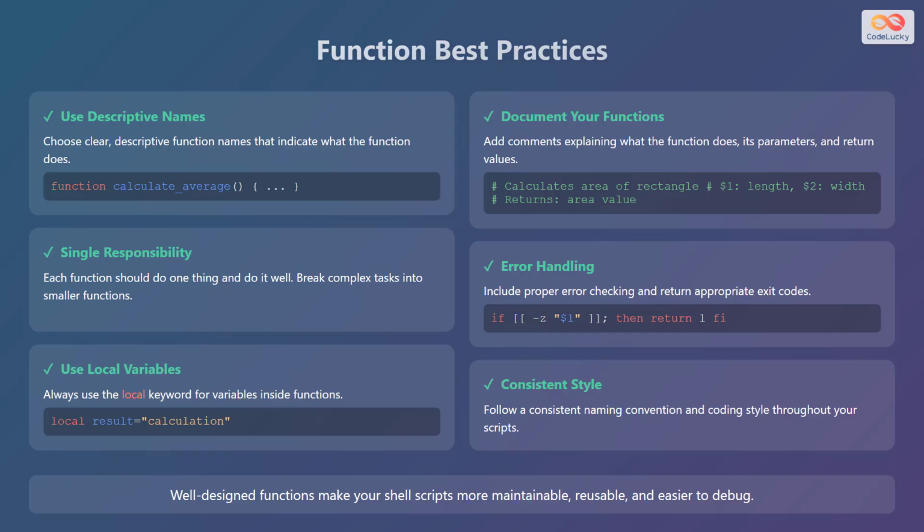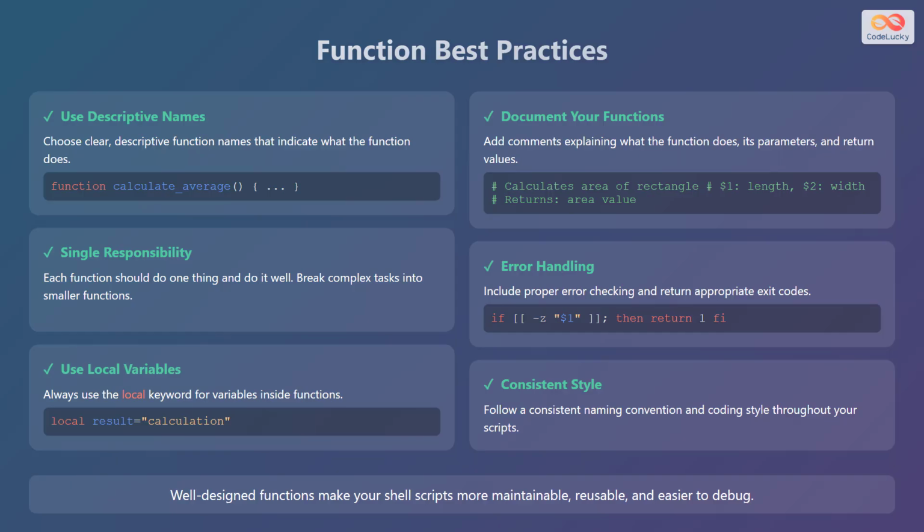Thirdly, use local variables. Always use the local keyword for variables defined inside functions to avoid unintended side effects. Fourthly, document your functions. Add comments explaining what the function does, what parameters it accepts, and what values it returns. Fifthly, implement error handling.